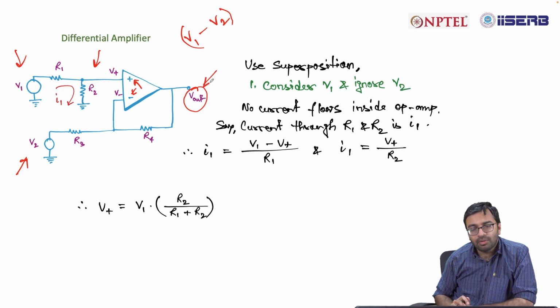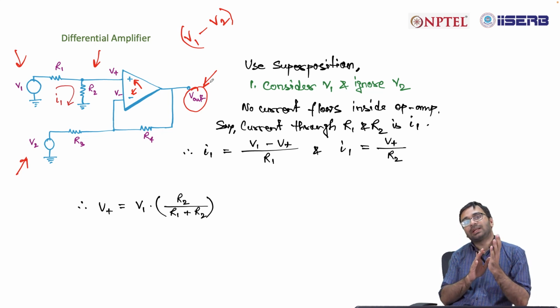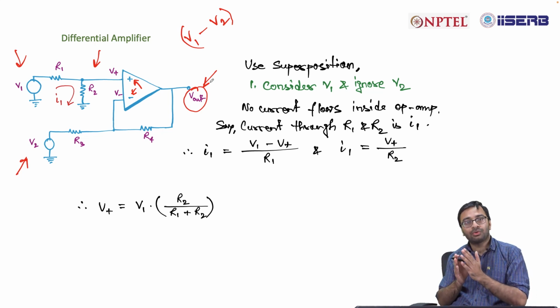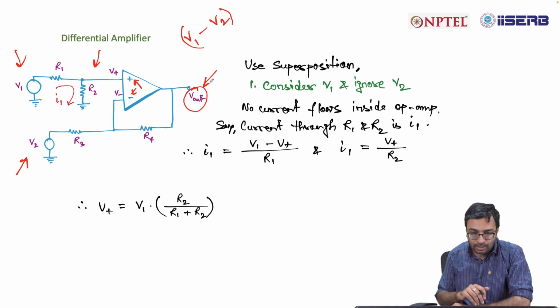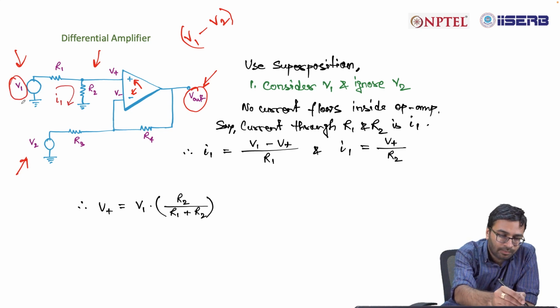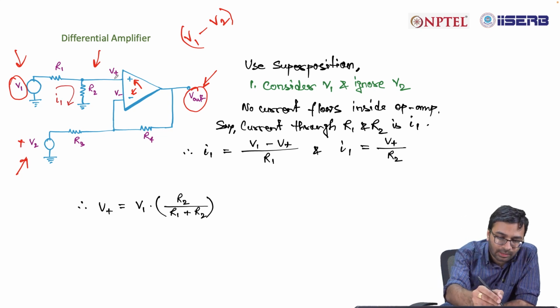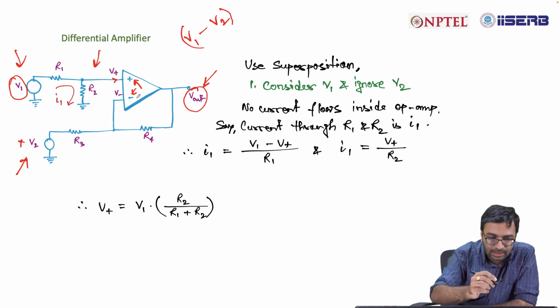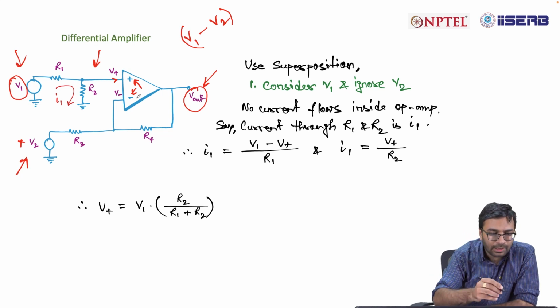In this case also we will take help of superposition theorem. That means we will ignore one input and consider the other. So we are going to take one input at a time. So in this case, to begin with, let us consider V1 and ignore V2. We know that no current flows inside the amplifier.